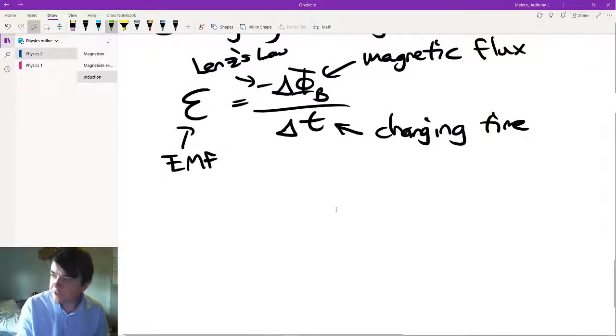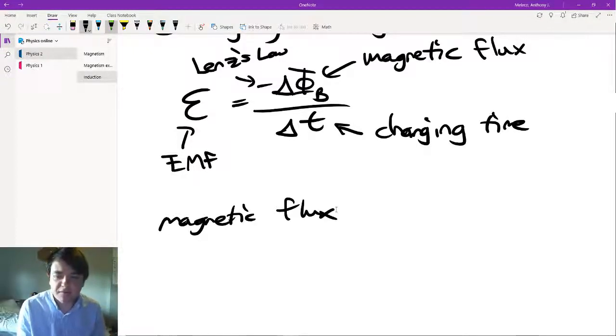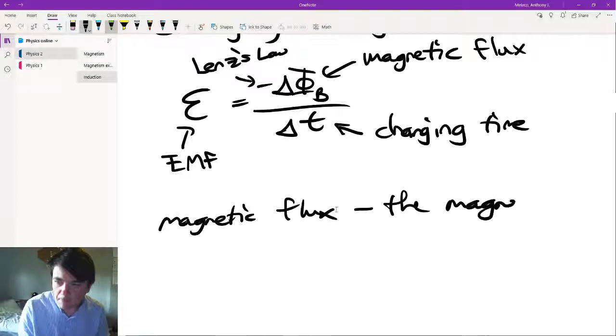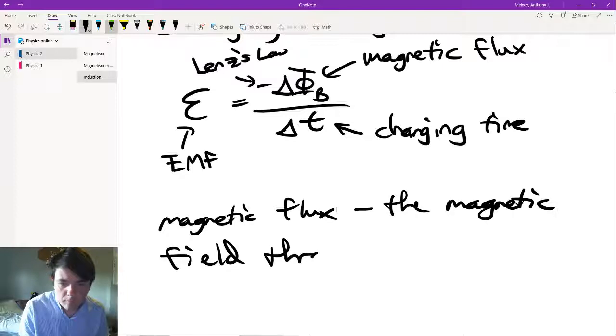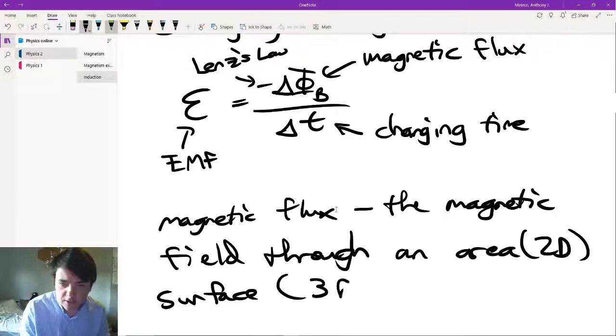So we've got this formula. Let's talk first of all about what magnetic flux is. Magnetic flux is, in a way, the magnetic field, but it's the magnetic field through a surface. So magnetic flux is the magnetic field through an area for 2D and a surface for 3D.